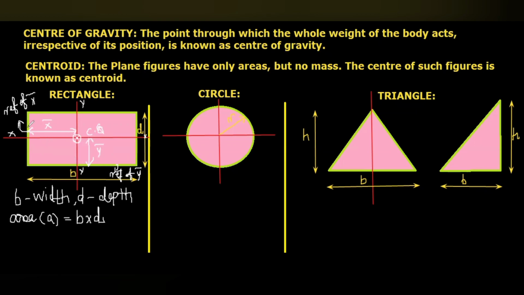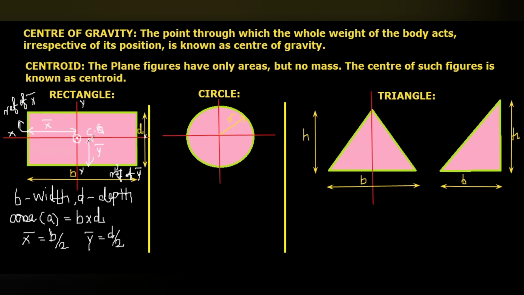So X bar is half of the width, that is B by 2, and Y bar is half of the depth, D by 2. These formulas will be used in the numerical.